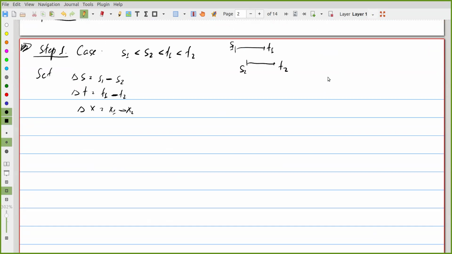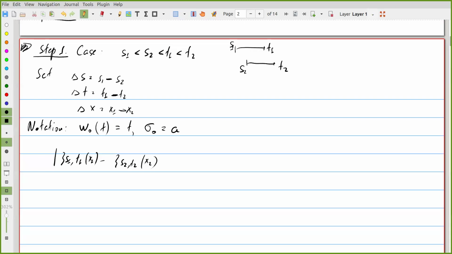And also, we use a notational convention that we already used when we were discussing the Ito-Taylor expansion: we can just set W0 equal to T and sigma 0 equal to A. Then psi S1 T1 X1 minus psi S2 T2 X2 to the power P is less than the following expression.